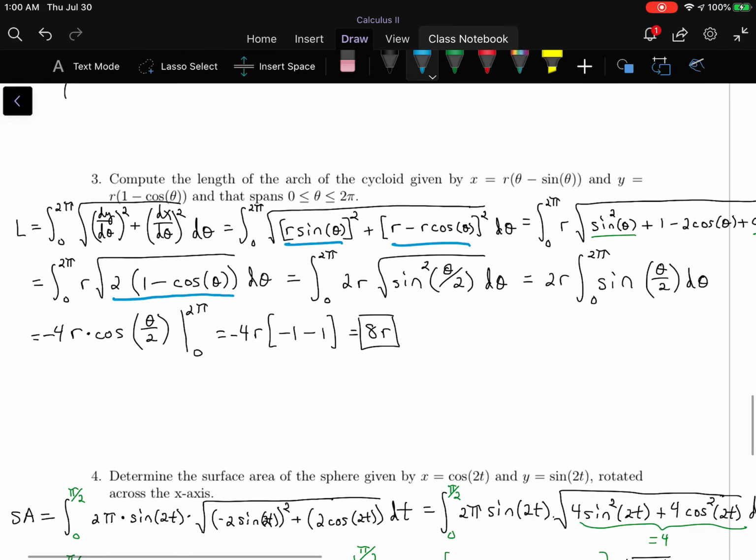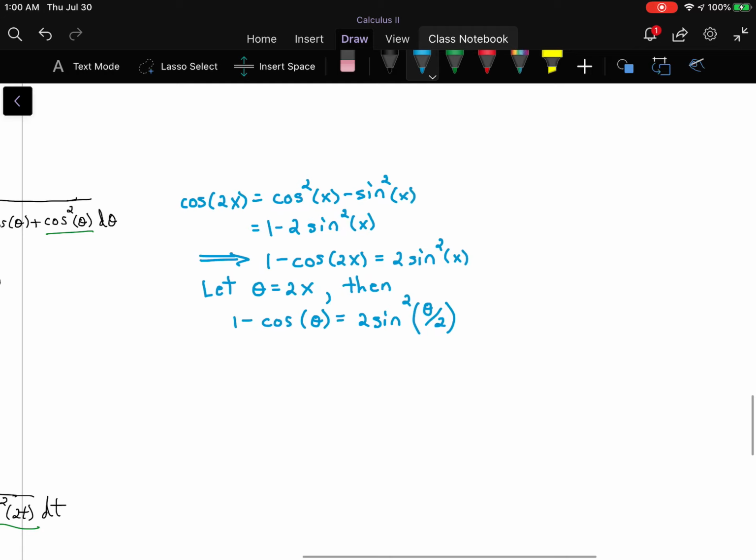But I have a 1 minus cosine theta inside my square root. So I want a 1 minus cosine form. So I am going to subtract the cosine 2x to the right and add the 2 cosine squared to the left, which gives me the arrowed line there.